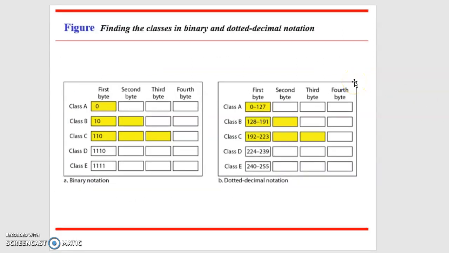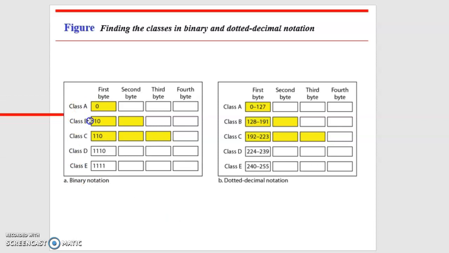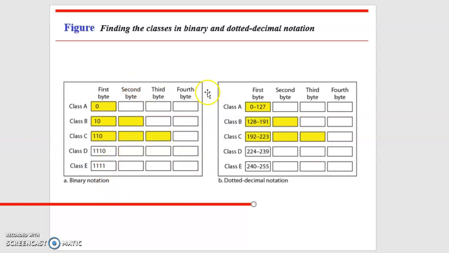Here comes what basically classes are. If there is a whole address space, a complete address space of 2 to the power 32, that is some millions of addresses, we have divided that address space into 5 classes: class A, class B, class C, class D, and class E. How we have divided this into classes is, as I have told earlier, an IP address consists of 4 bytes: first byte, second byte, third byte, and fourth byte.